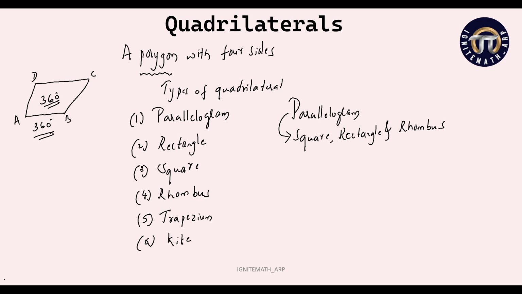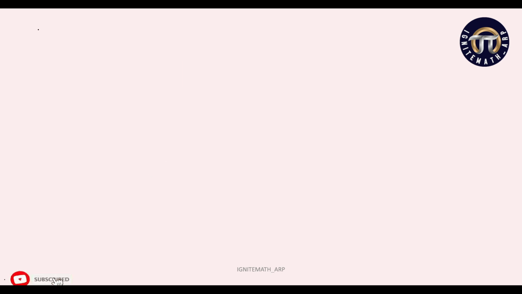Okay, so square, rectangle and rhombus are types of parallelogram. Parallelogram is a type of quadrilateral. Quadrilateral is a type of polygon. Clear, children? Okay, now let us study the properties of each of them. Now let us deal with the properties of a parallelogram.